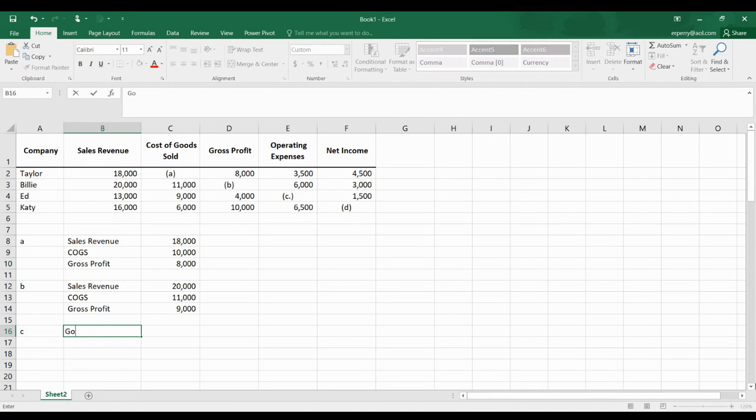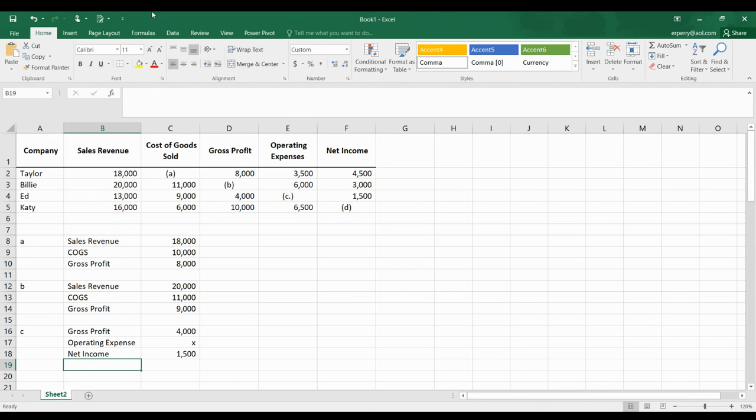Okay, so I'm going to start at the first level, that gross profit level, and we have gross profit of $4,000. And then our operating expenses, that's what we're solving for. Okay, so that's my X in this case. And then I've got overall net income of $1,500.